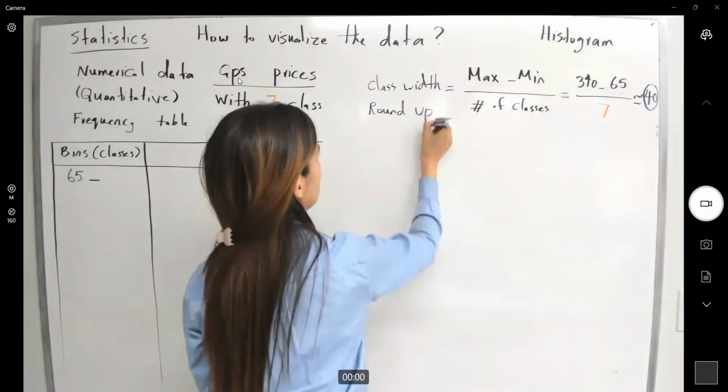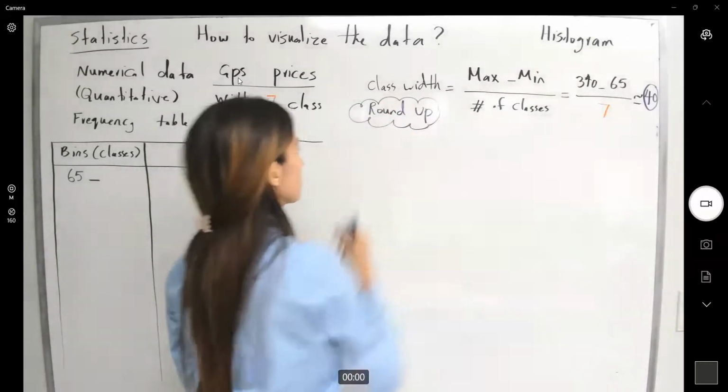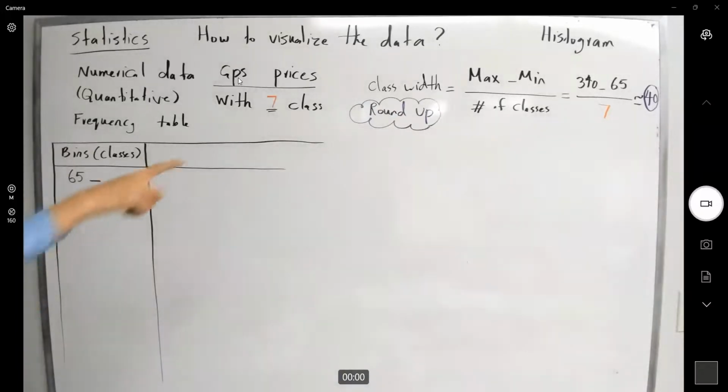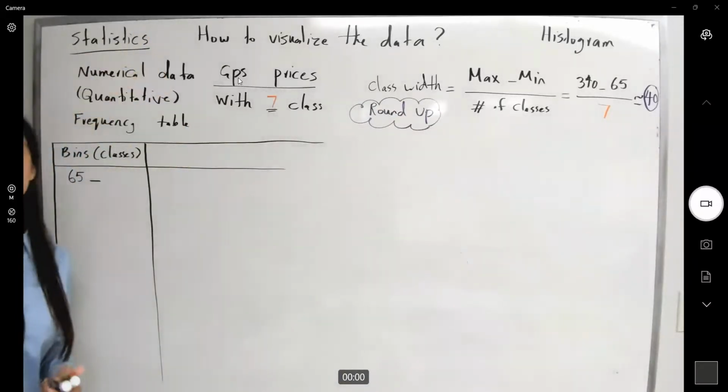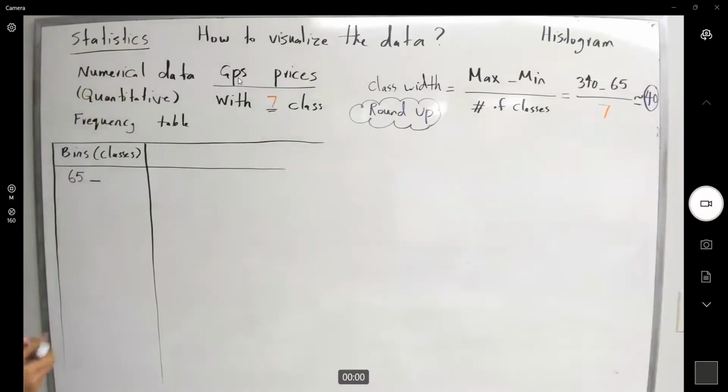Okay, so I have 40 as the class width. What I'm going to do is add 40 to 65. My lower limit is 65. Now I'm going to add 40 to it, and I get the next class lower limit, 105.